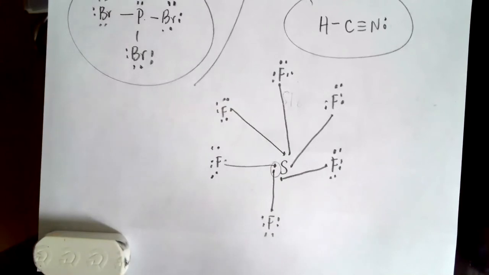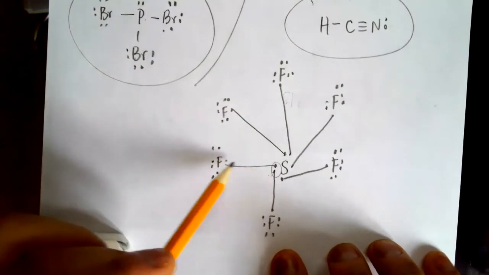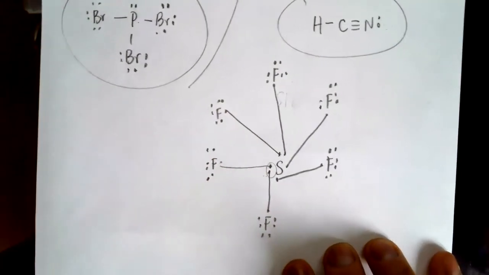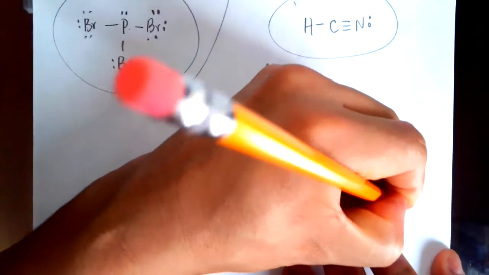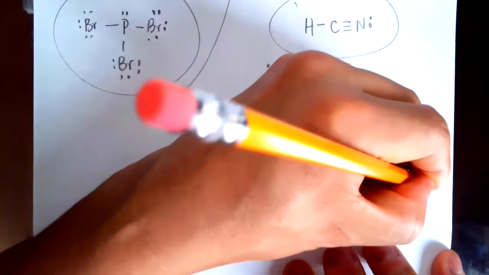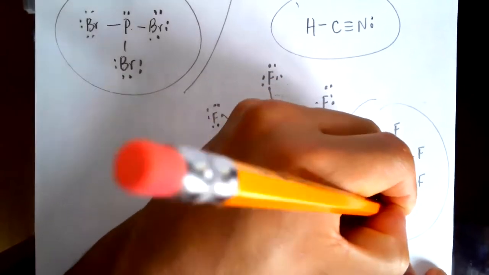Yes, in the case of larger elements that can break the octet, they are able to use their paired electrons to form chemical bonds. So in this case, we have sulfur hexafluoride. Well, they each have 3 lone pairs.